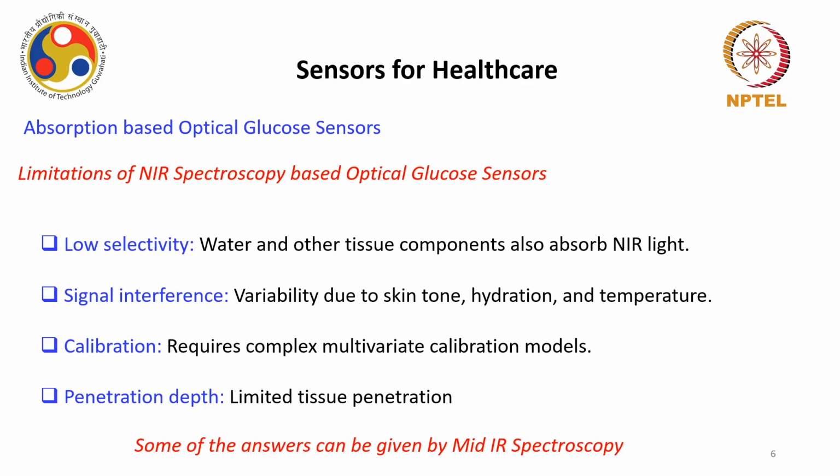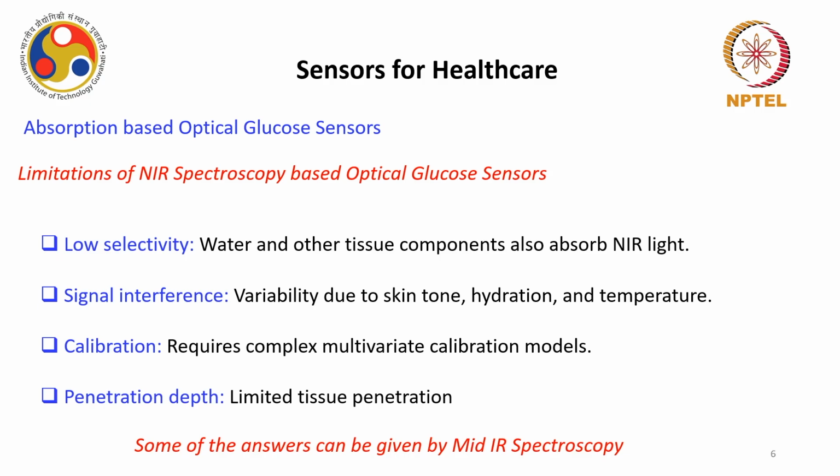First was the low selectivity and signal interference, which is because of variation in skin tone, hydration and different levels of temperature. Another disadvantage is the requirement of complex multivariate calibration models, and then the penetration depth, which is limited by the tissue.